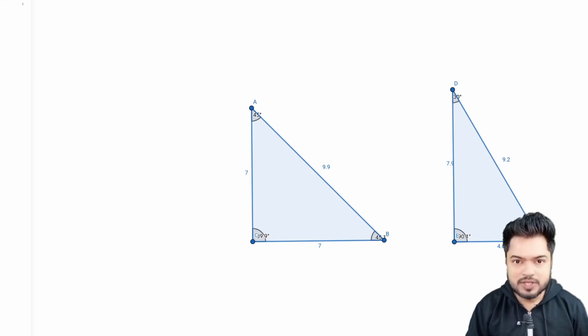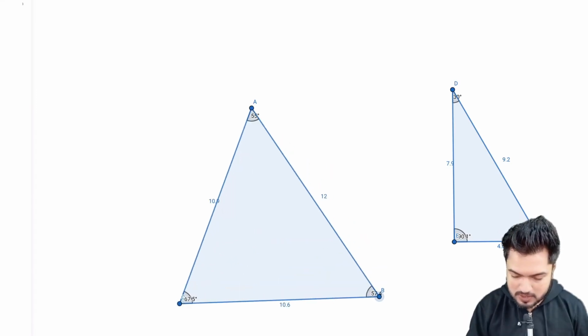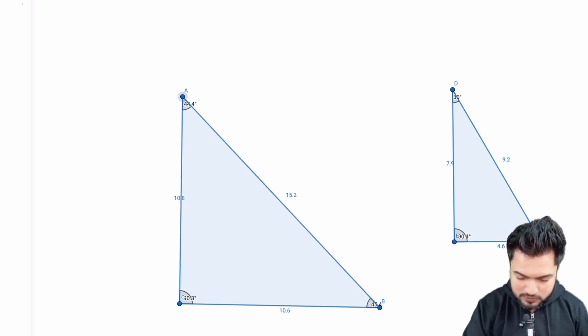Which is nothing but square root of 2, which is 1.41. So 7 into 1.41 will give you that, the side opposite to the 90 degree angle. Now you can change this to any which ways. Pick up the length of the side as anything. See, again I'll make it 45, 45, 90.